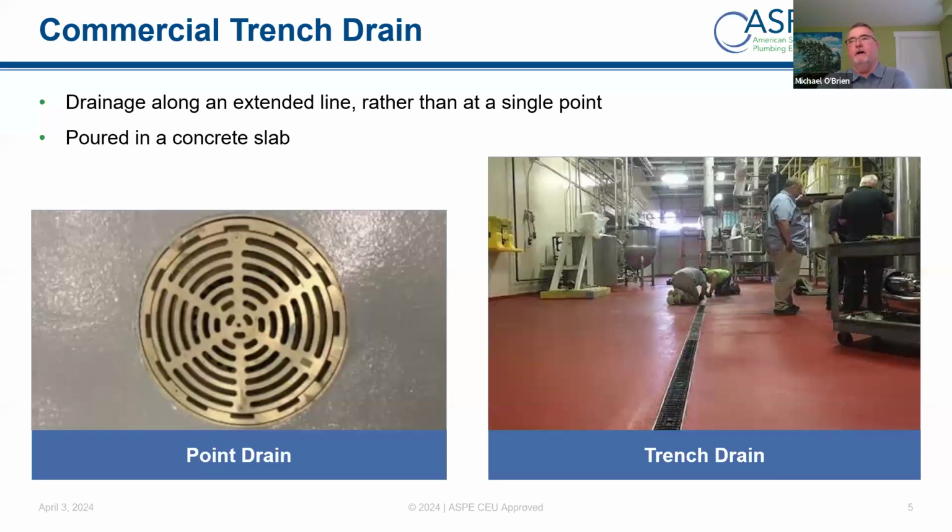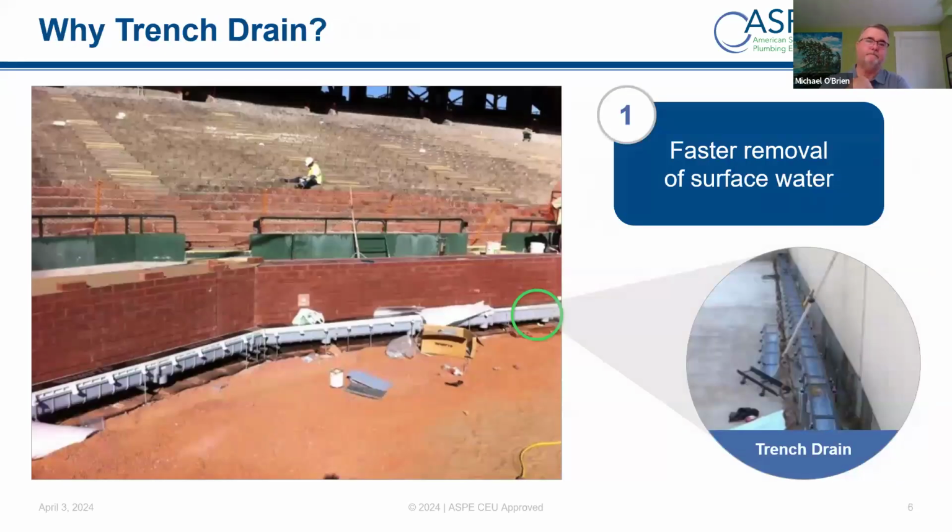Typically, these are poured in a concrete slab, and most often they are indoor applications. There are other classes of trench drain for irrigation and roadways and bridges, but they're typically not specified by an MEP engineer. So we won't be covering those today. We're talking mainly about inside commercial industrial types of trench drains.